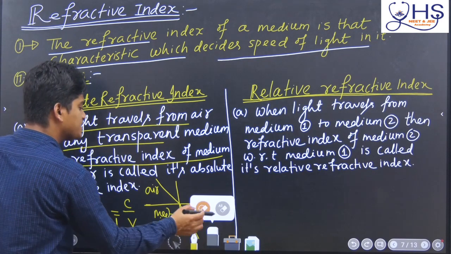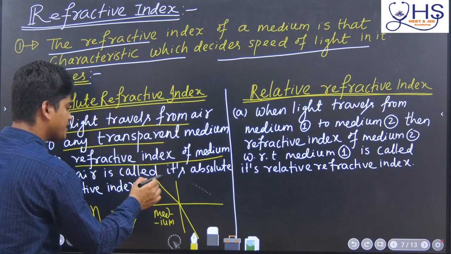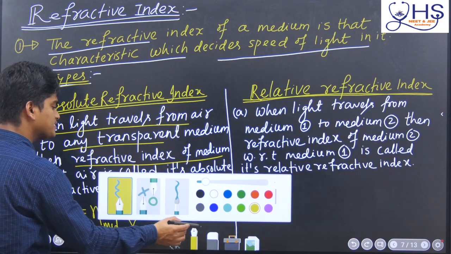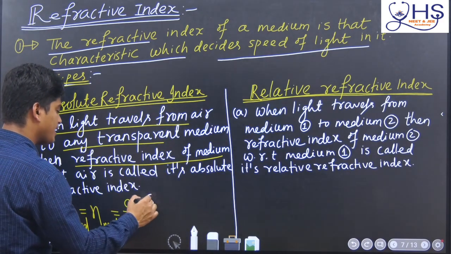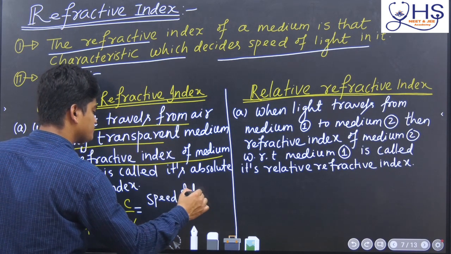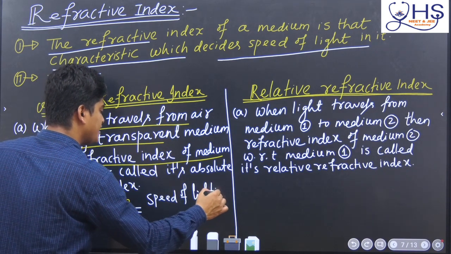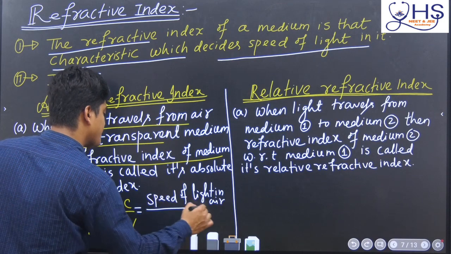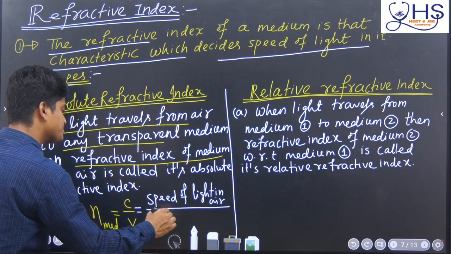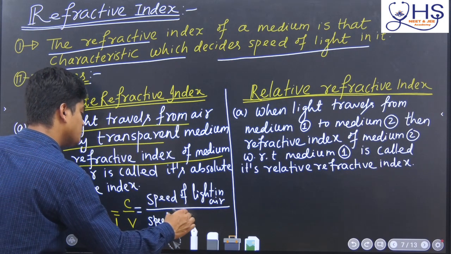What is C by V? C is the speed of light in vacuum or air, and V is the speed of light in the medium.